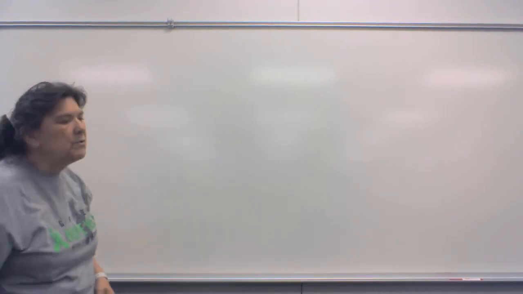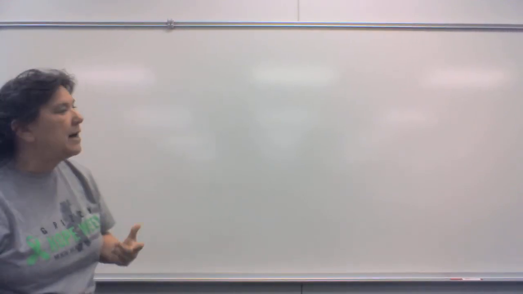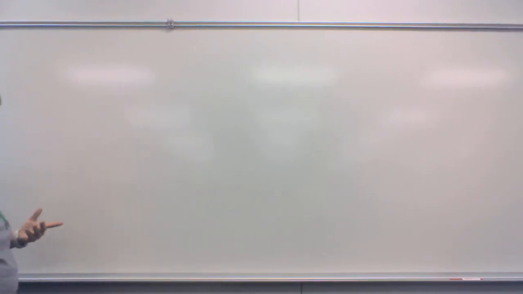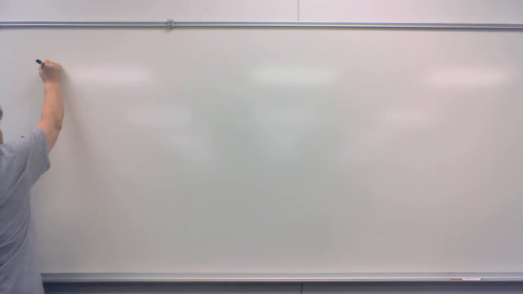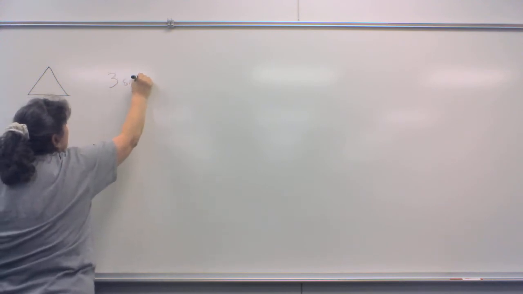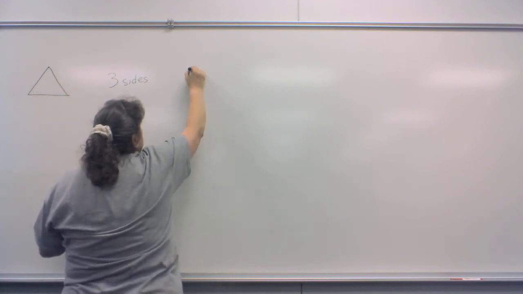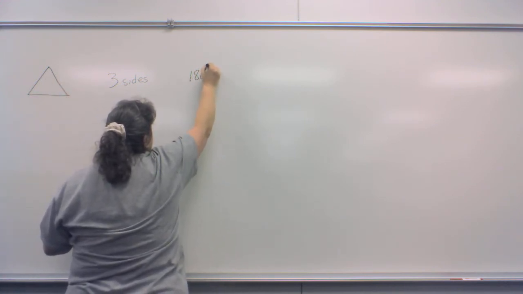So let's start with our smallest shape that is a polygon, and that is a triangle. And the triangle, we already know it has 3 sides, and the sum of all the angles is 180 degrees.